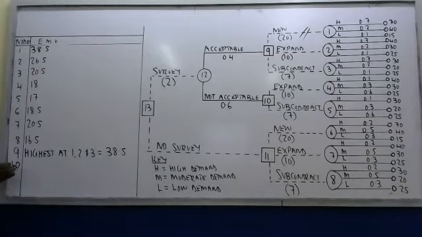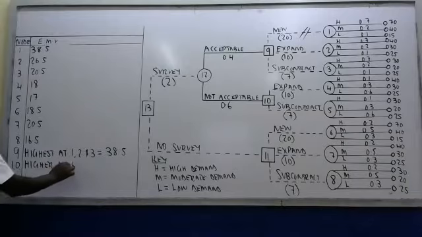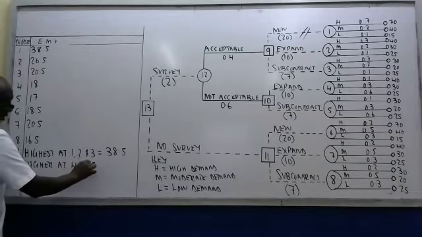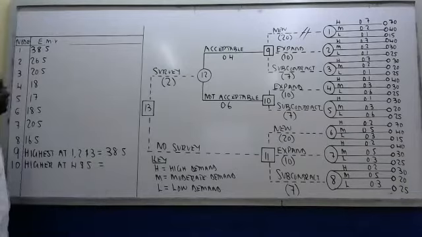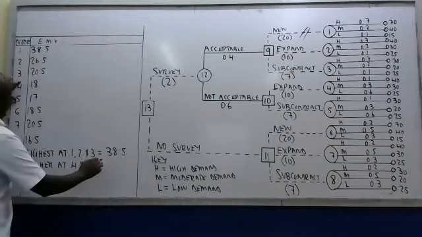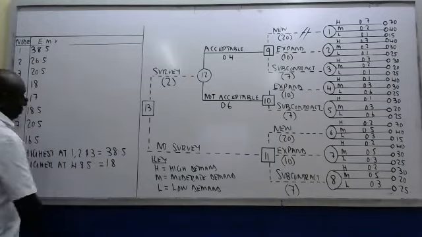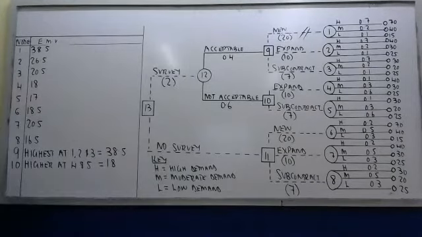Then 10, it is the higher at 4 and 5. So 4 and 5, the higher is 18.